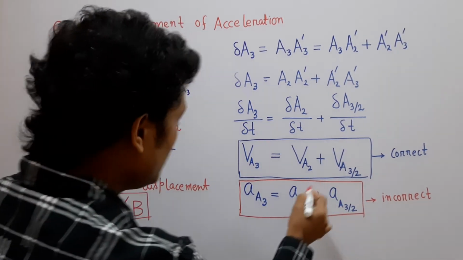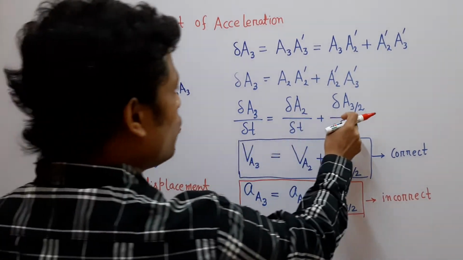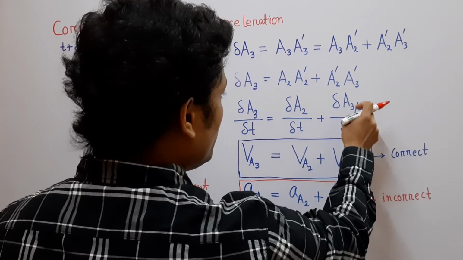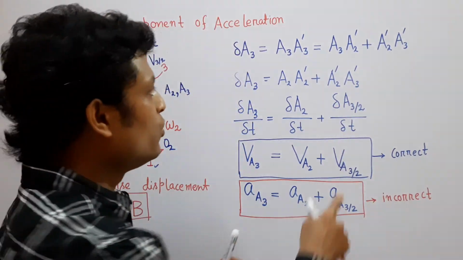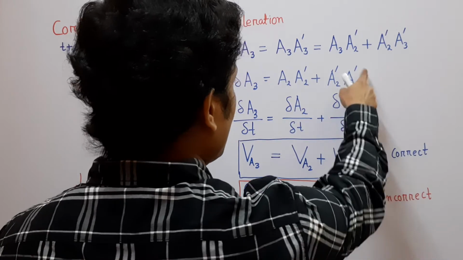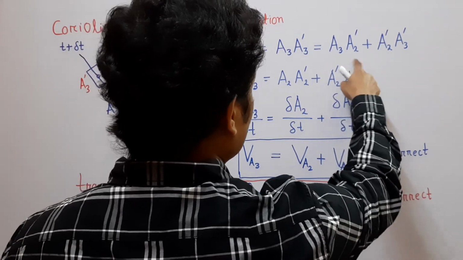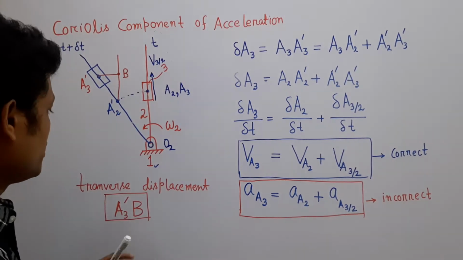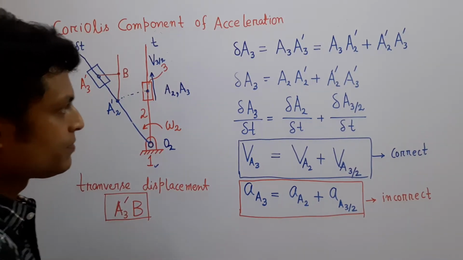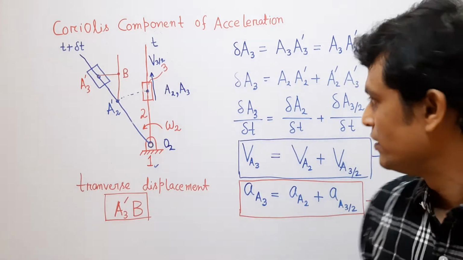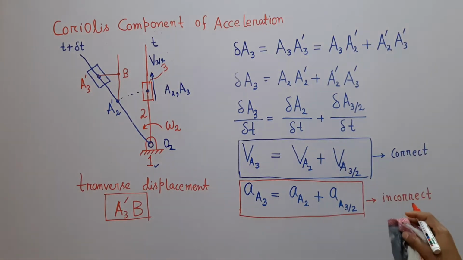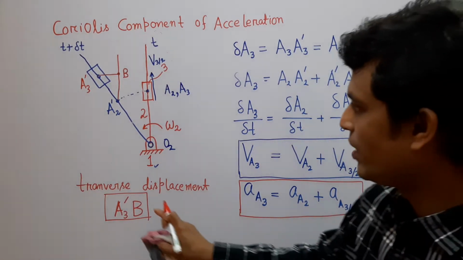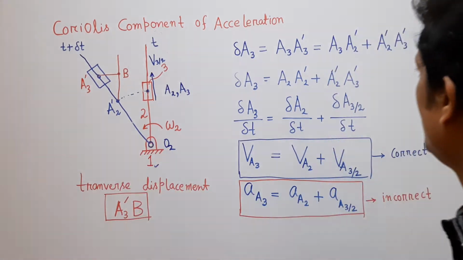So the relative displacement of 3 with respect to 2 is not correct. How much extra displacement will there be? Let me write the extra displacement which has been missed by the observer sitting on 2.